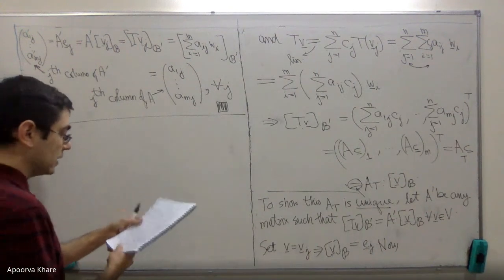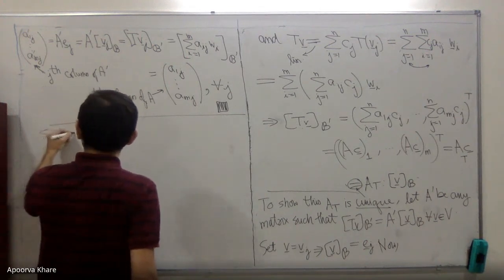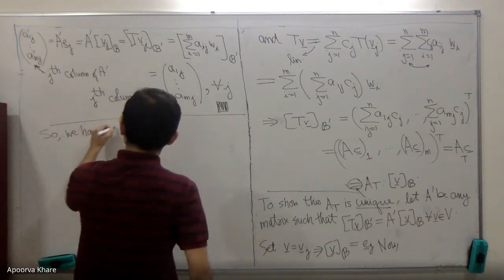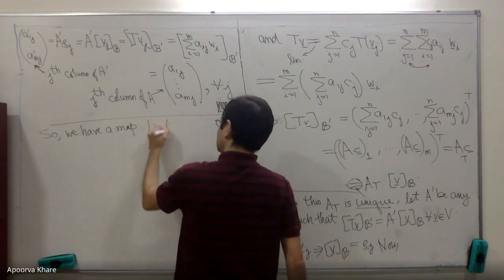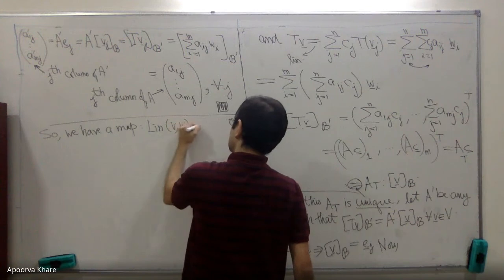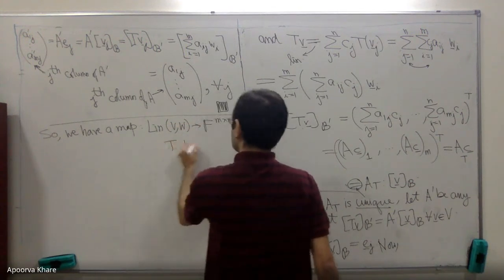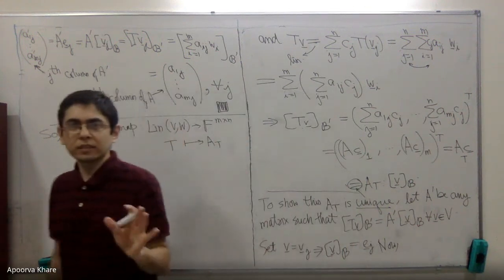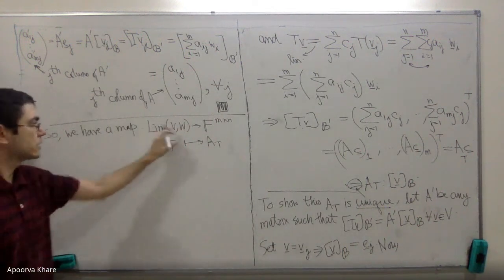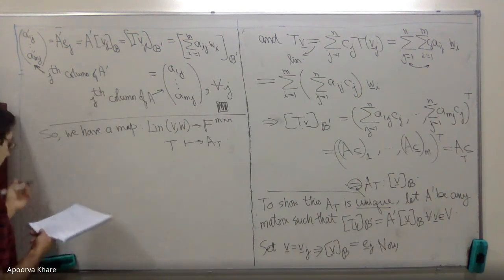The fact is that we get a matrix, so we have a map from Lin(V, W) to F to the m times n, sending T to AT. Right? It's a set theoretic map. There's a unique such matrix, so it's a well-defined map. And now the claim is that this map is an isomorphism.